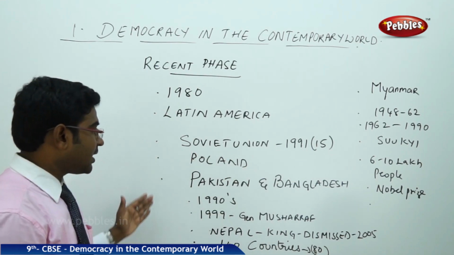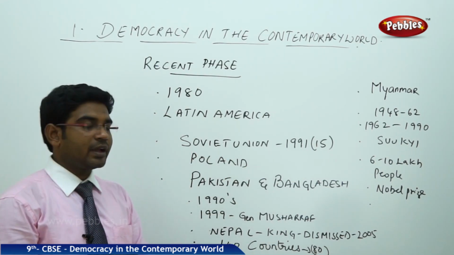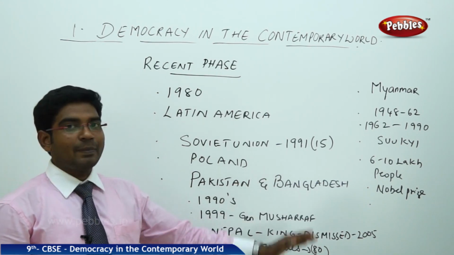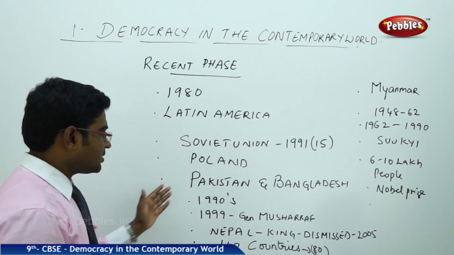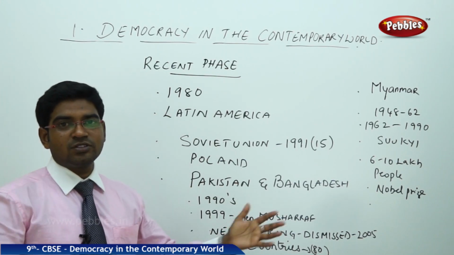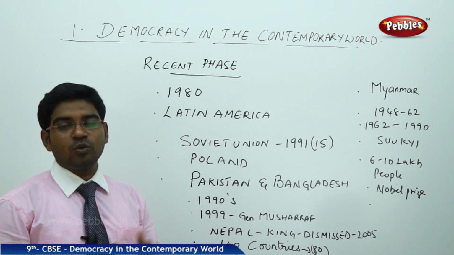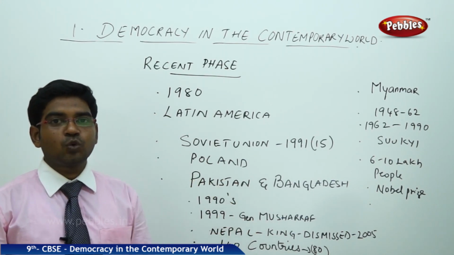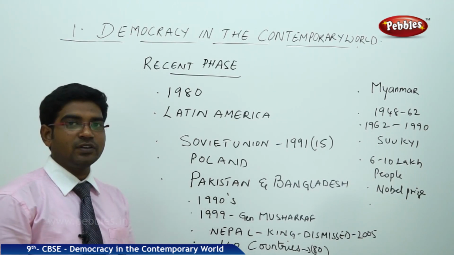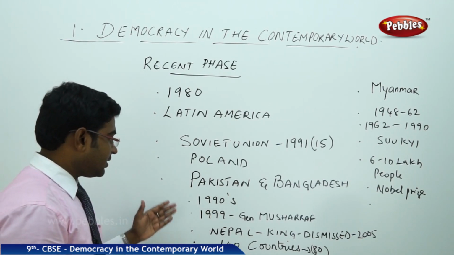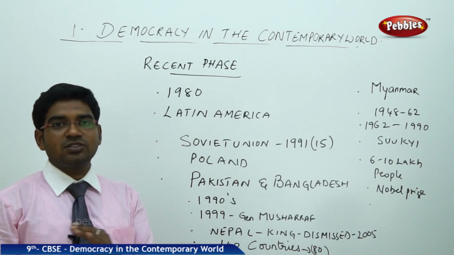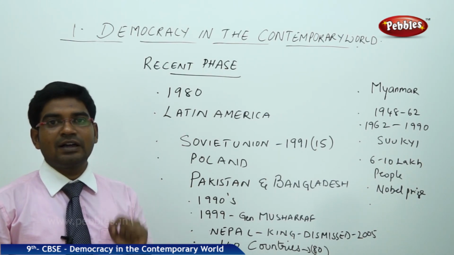And moving on to India's close neighbors, Pakistan and Bangladesh, which were initially held under military rule, started to trend towards democracy by the 1990s. In the 1990s, Pakistan and Bangladesh had democratically elected governments.